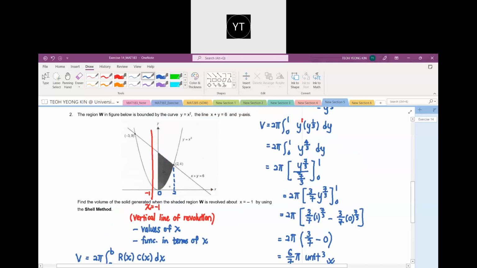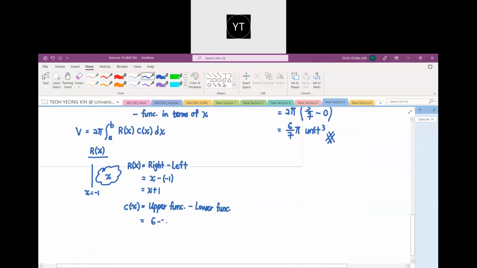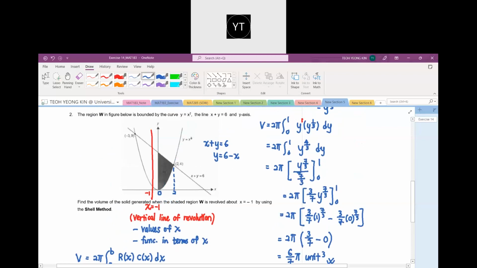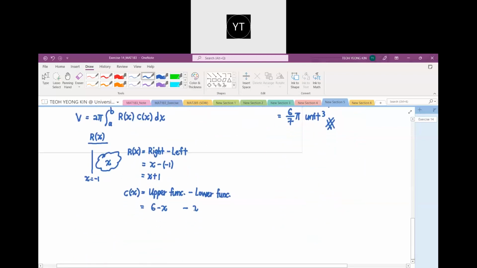Since we are using the value of x, x plus y equals 6, so y equals 6 minus x. So our upper function is 6 minus x, and then minus the lower function, which is the curve x squared. So I try to rearrange this part: negative x squared minus x plus 6.